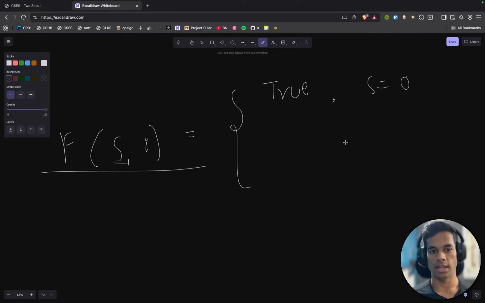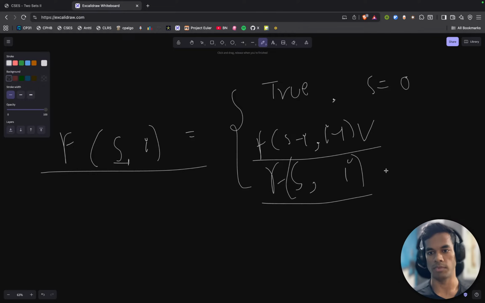And then if s is not equal to 0, then f(s minus i, i minus 1) or f(s, i minus 1). Either we include this thing or we do not include this thing.